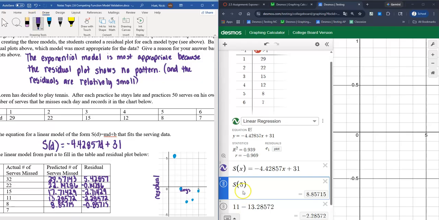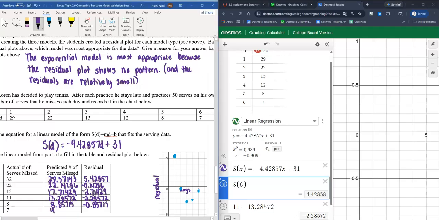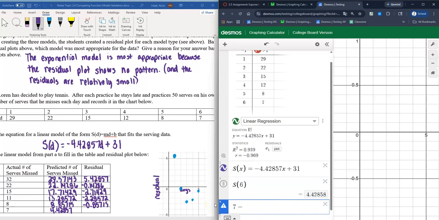And then for our last one, we would plug in day 6, and we get 4.42857. And if we do 7 minus that, we're going to get 2.57142. And that will be about right here.